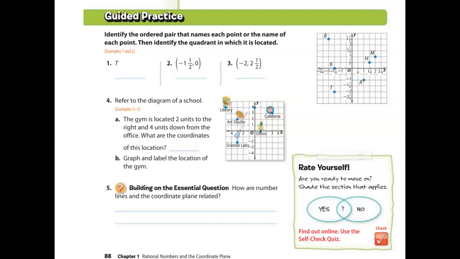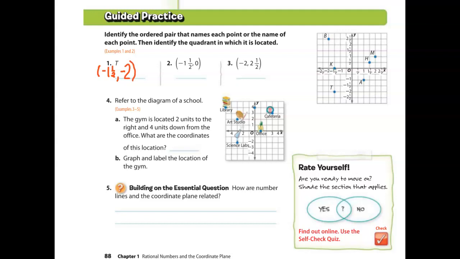So that's going to be the x. So negative 1 1/2. And then once we have that, we go down and we find that T is exactly negative 2 going down the y-axis, so we put negative 2.